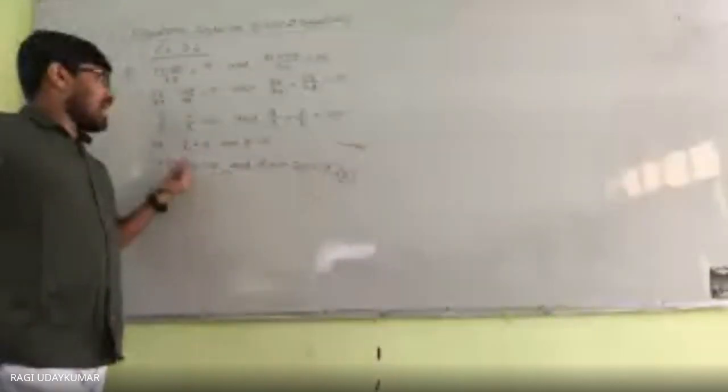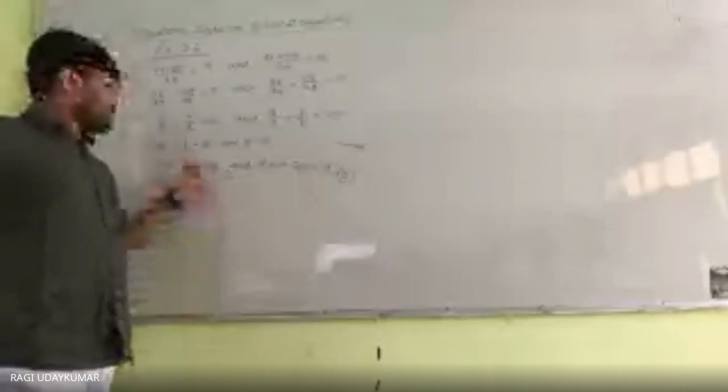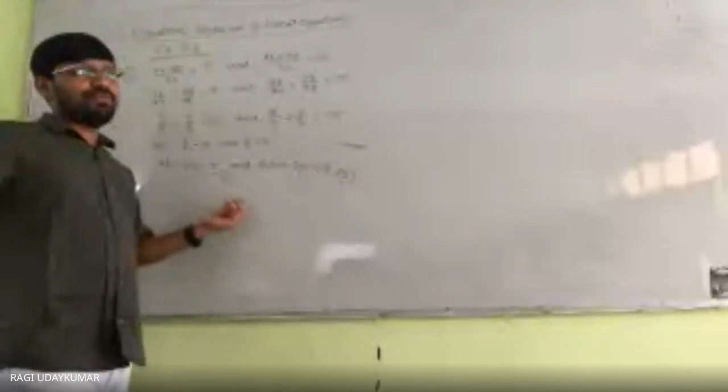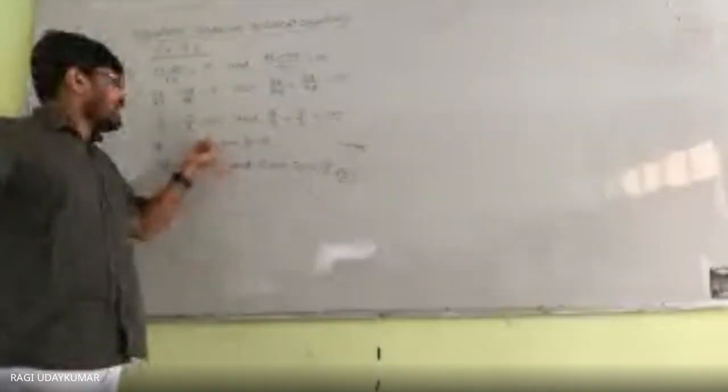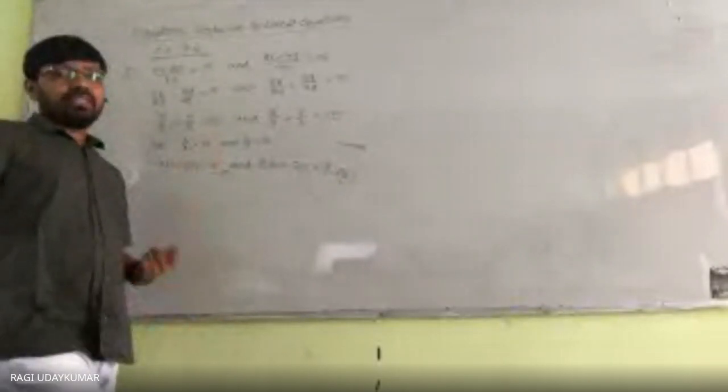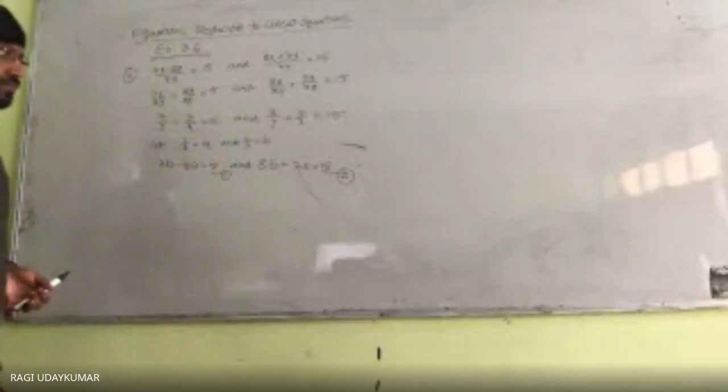After getting the a and b values, you substitute. Suppose the value of a is 1 by 5, you write 1 by x is equal to 1 by 5, then x is equal to 5. That is the way you need to do it.